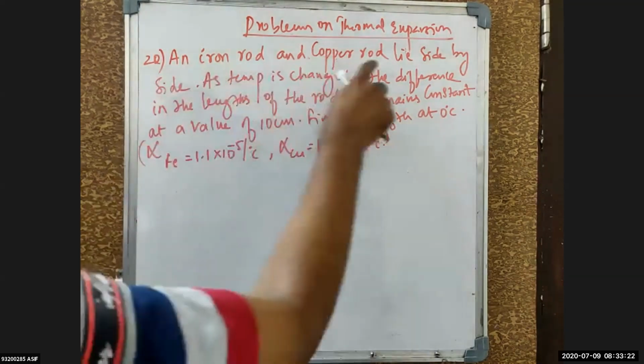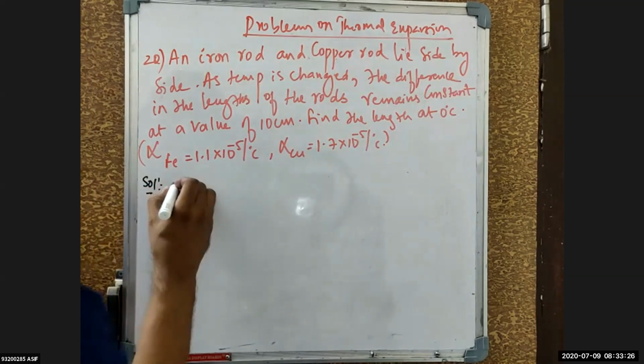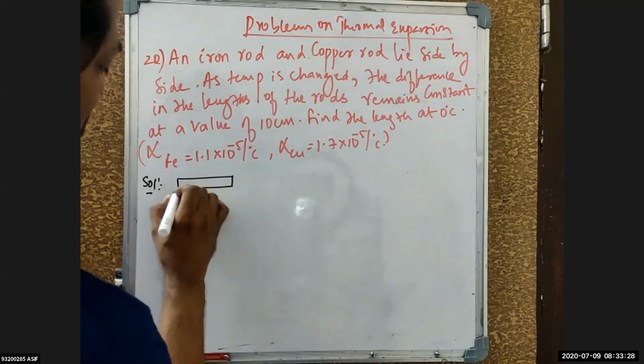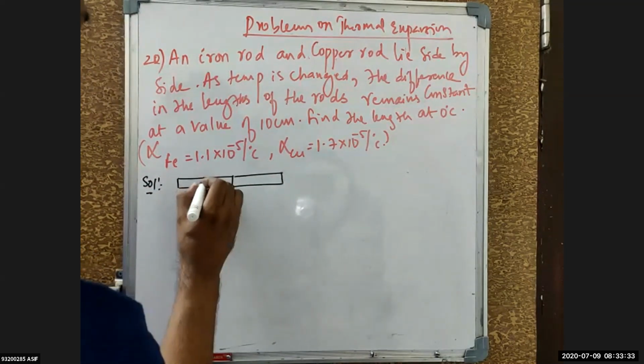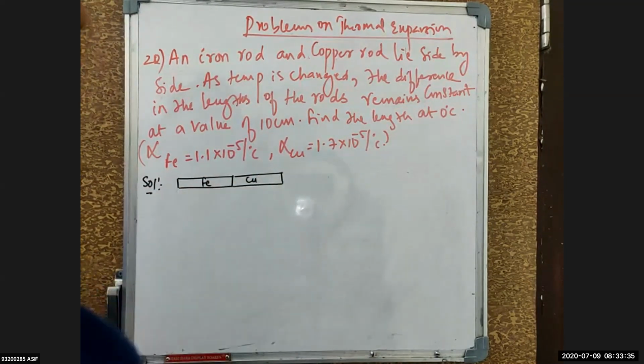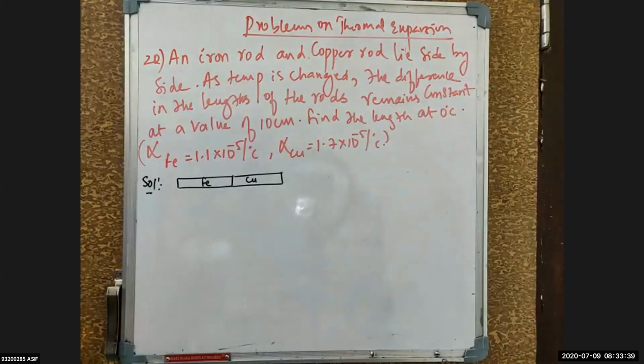We have an iron rod and a copper rod which are lying side by side. That means this one is one rod and this one is another rod. The first one is, say for example, iron. The next one is copper. Side by side. As the temperature is changed, the difference in the length of the rods remains constant.